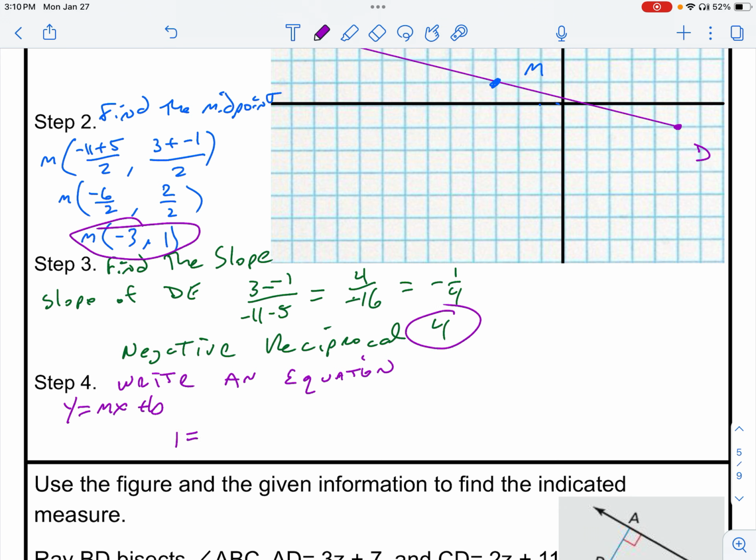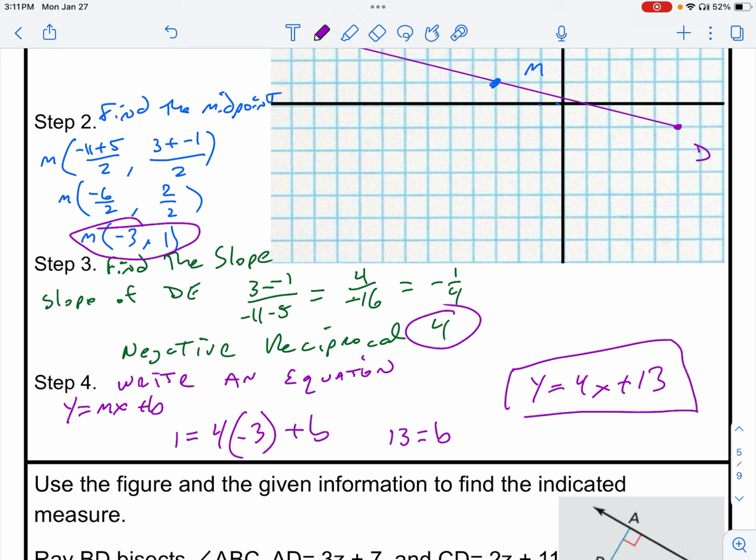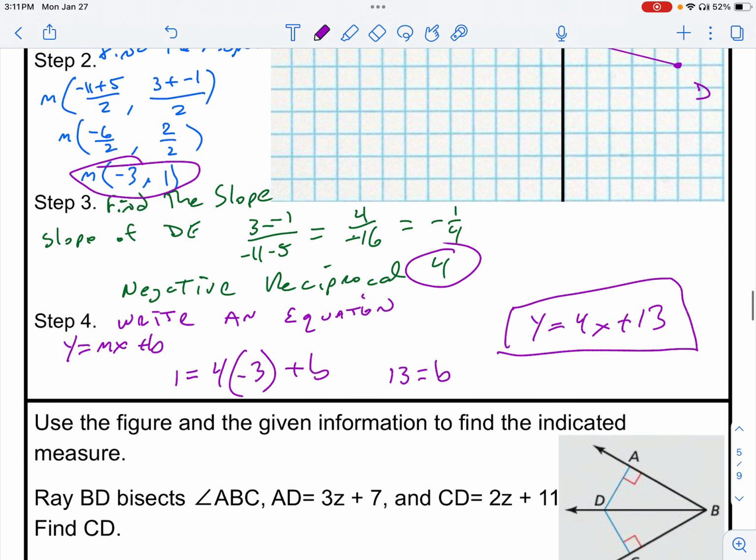So we got 1 equals 4 times negative 3 plus b. So 4 times negative 3 is negative 12. Add 12 to both sides. 13 equals b. So y equals 4x plus 13 is the equation of the perpendicular bisector of segment DE.